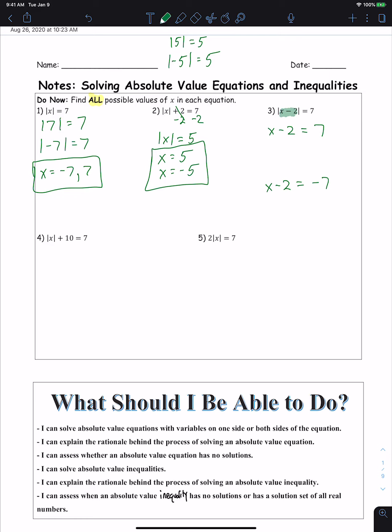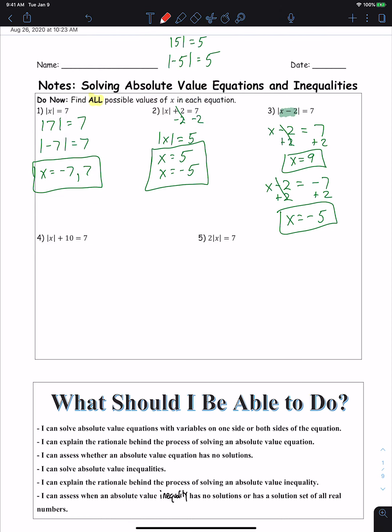So I'm going to set those two equations and solve from there. So the top one, I'm just going to add 2 on both sides. That gets my x by itself, so that would be x equals 9. And we do the same thing for that second equation. Add 2 on both sides. X equals negative 5. So my answers would be x equals 9 and x equals negative 5.